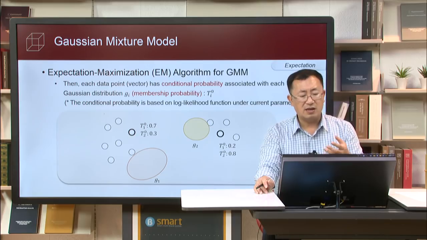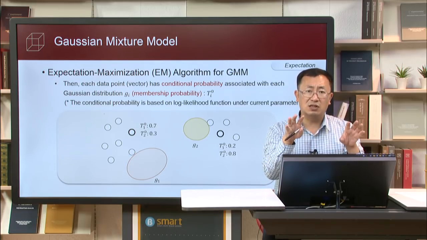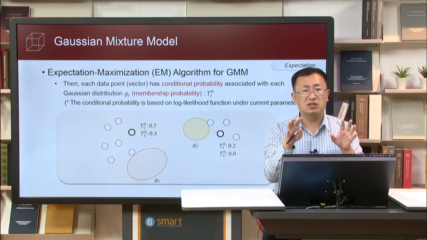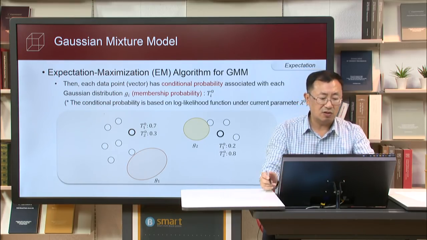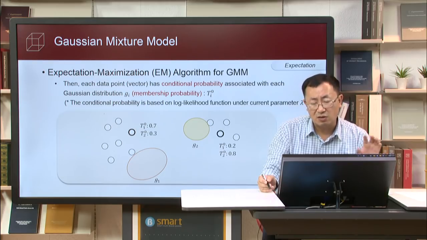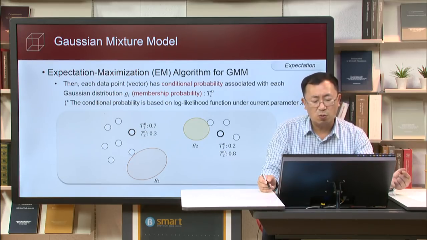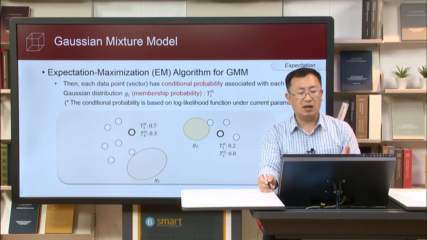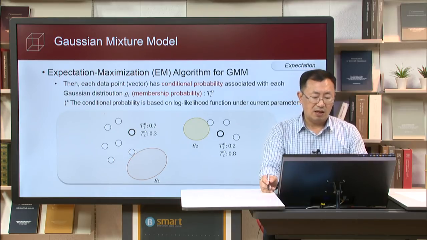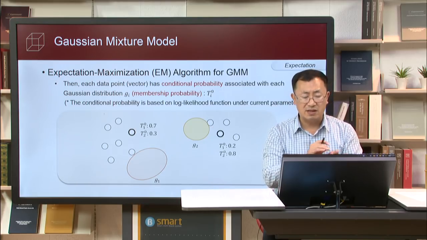Each data point has some conditional probability with each Gaussian distribution, because we use two Gaussian distributions and express the data as coming from the mixture of the two Gaussian distributions. You can calculate the conditional probability associated with each Gaussian distribution Gi. That is called the membership probability, and I denote it by Ti0. The conditional probability is based on the log likelihood function under the current parameter lambda 0.